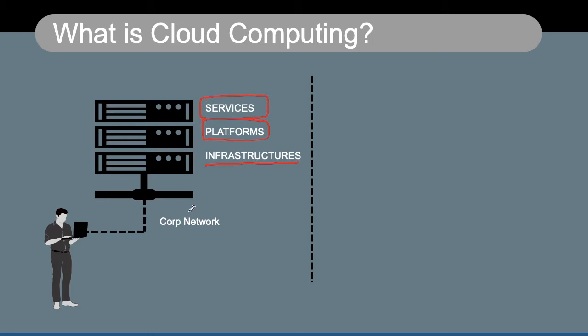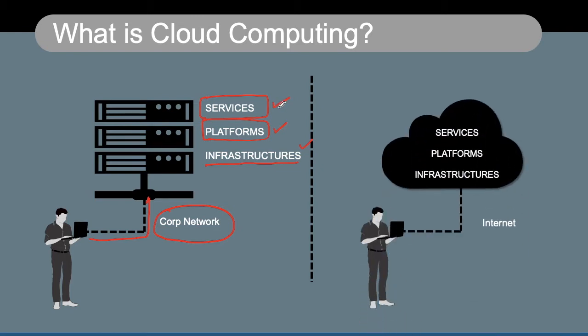All of it could be accessed using the corporate network, which should either be locally available or you would be connecting via some VPN kind of connection. Now all these infrastructure, platforms and services can be hosted in the cloud, and those resources can be accessed from anywhere in the world by using the internet.